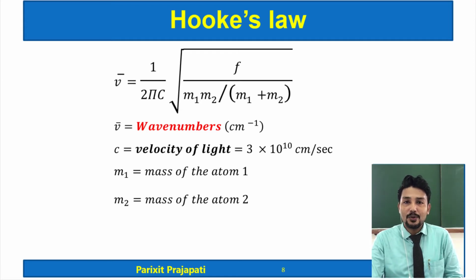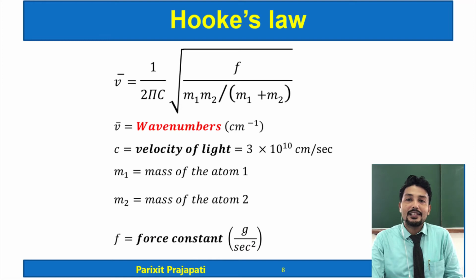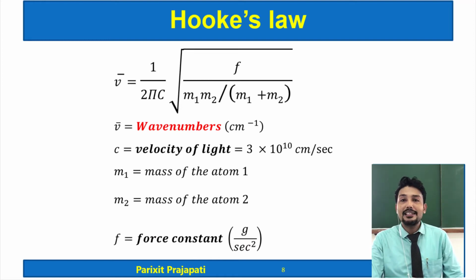Atom 1 and atom 2 are the atoms between which the covalent bond is there. f is the force constant in gram per second square.